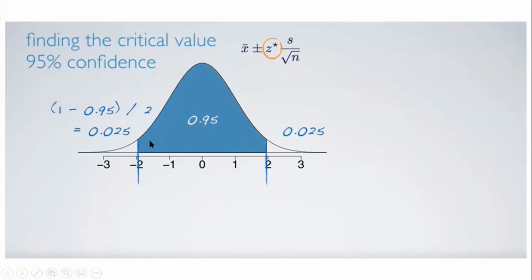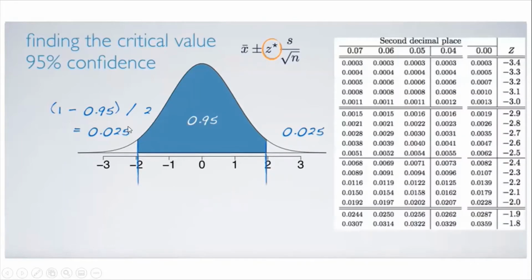What is the remaining percentage on each side? This one has 2.5% and this one has 2.5%. So we need to find this value on this line. How do we find this? We use the Z distribution and look at the percentage in order to find the Z value.